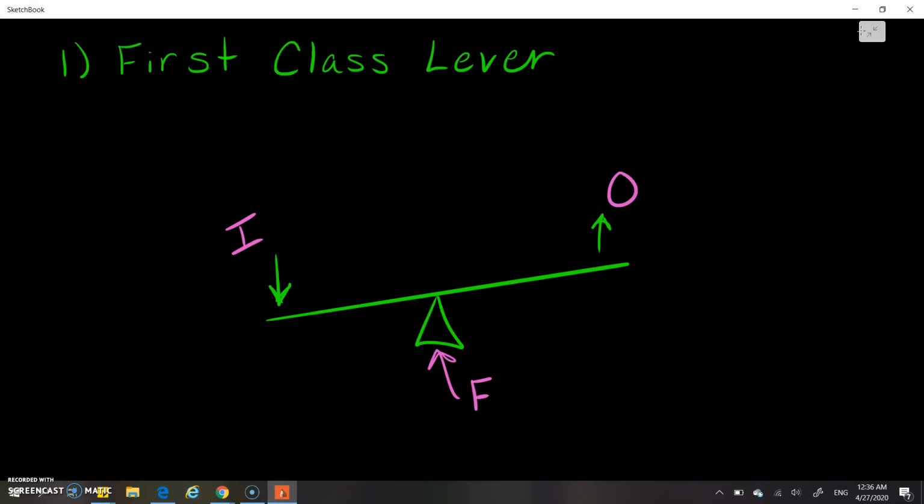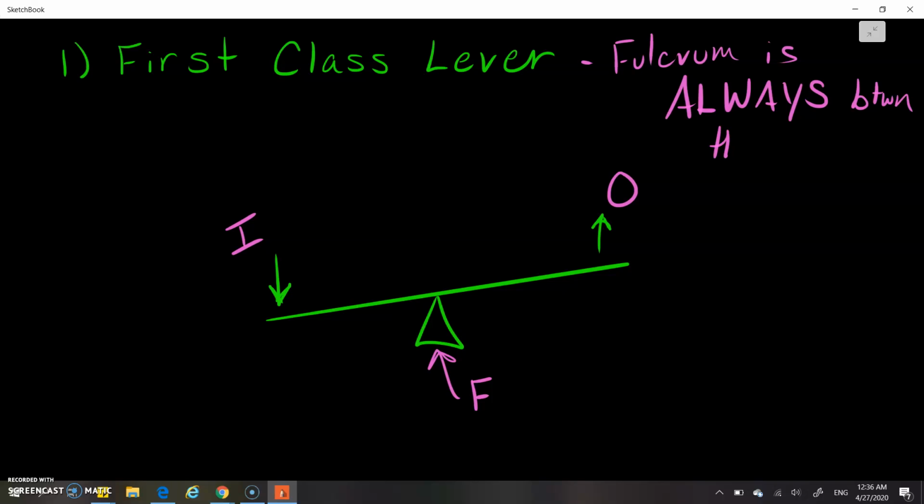For a first class lever, the fulcrum is always between, BT, the input and output forces.